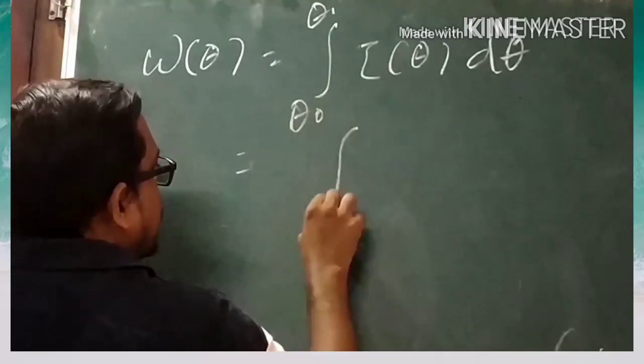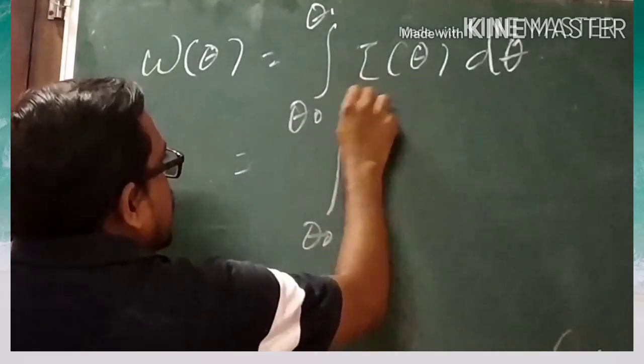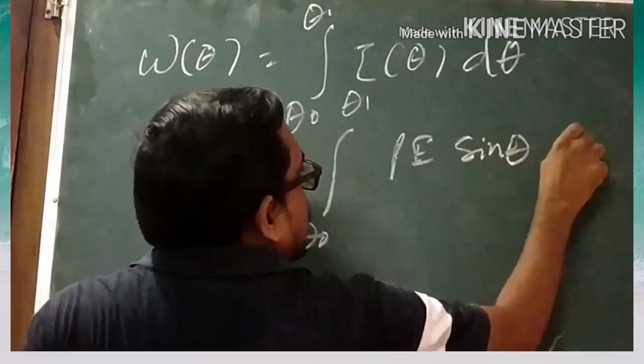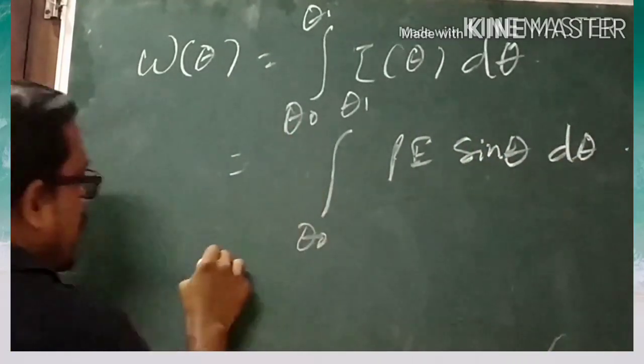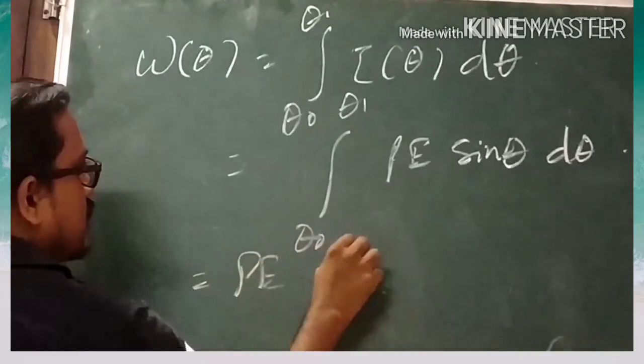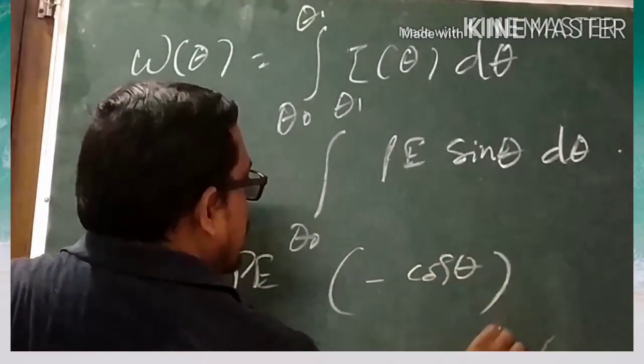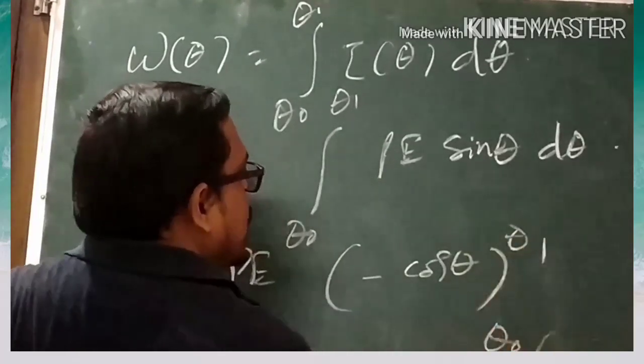This is the integration from theta 0 to theta 1 of pE sin theta d theta. Now taking pE outside, this is pE, and the integration of sin theta will be minus cos theta, and the limits are theta 0 to theta 1.